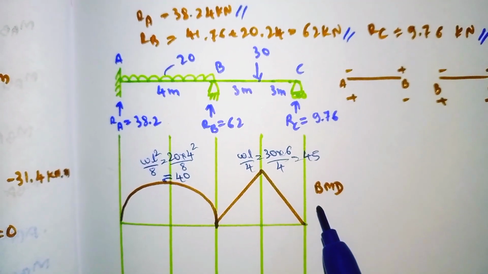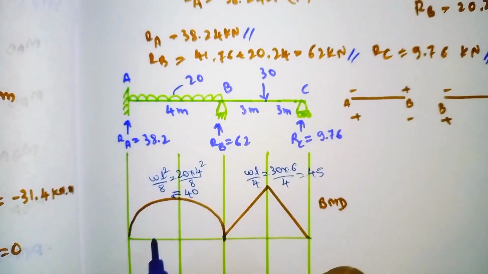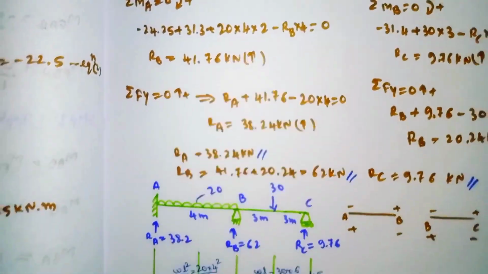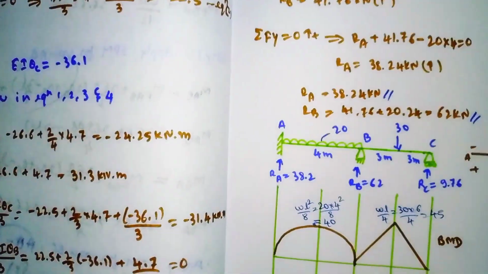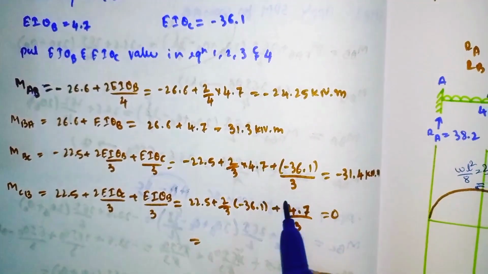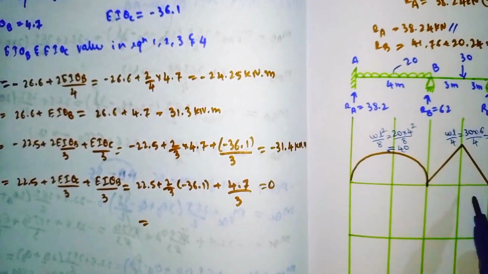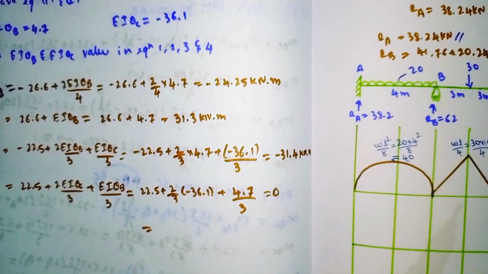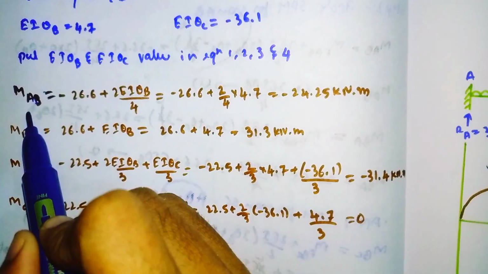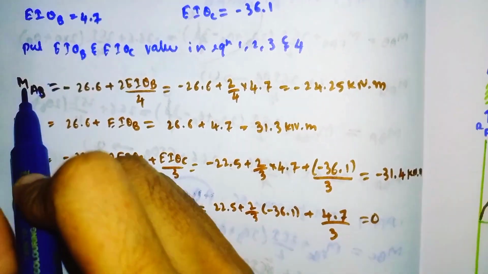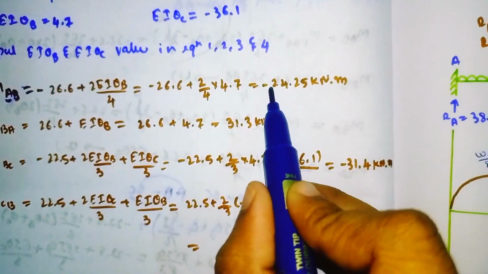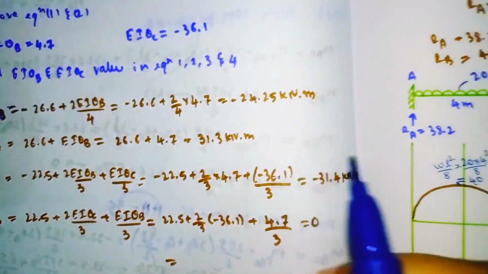Now we will see the net bending moment. For the net bending moment, using the final bending moment values which we have calculated, we'll draw the net bending moment diagram for MAB. We always need to see the first point. Here our first point is A. At point A we have the value minus 24.25.